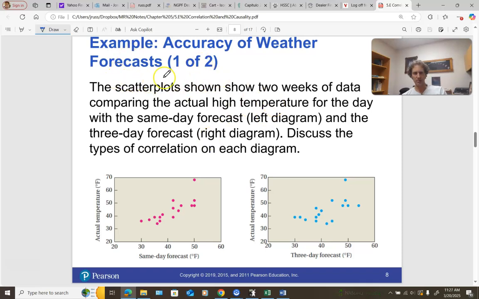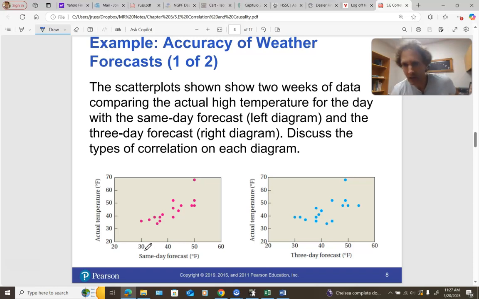It says the scatter plots below show 2 weeks of data comparing the actual high temperature for the day with the same day forecast. Okay, so that would be this first scatter plot right here. So what we see on the horizontal axis is the forecast of the high temperature done that same day. So think about it this way.